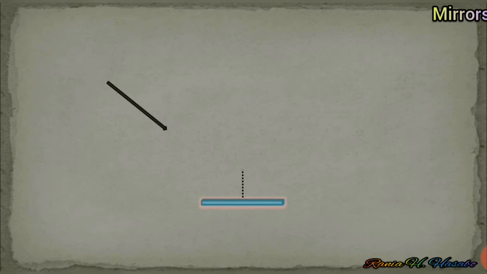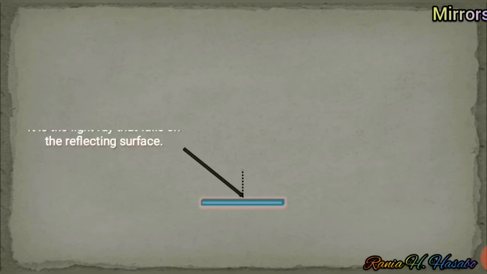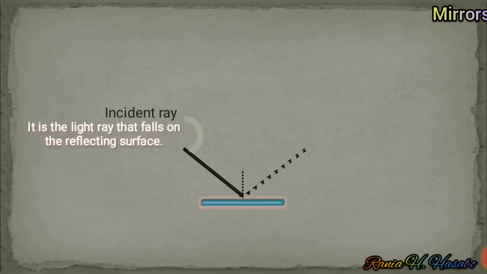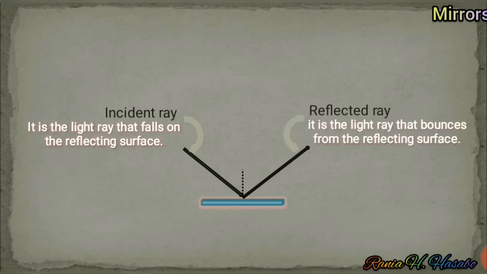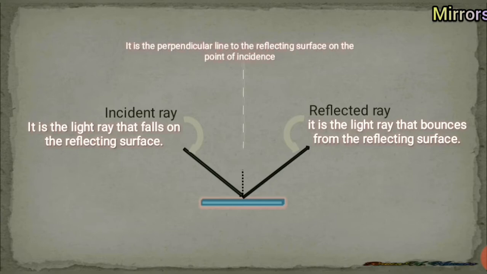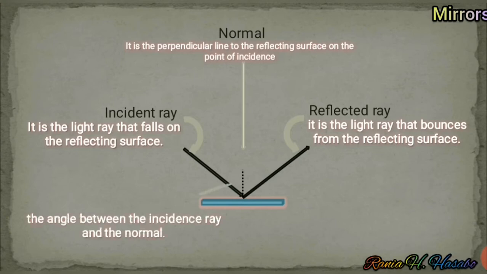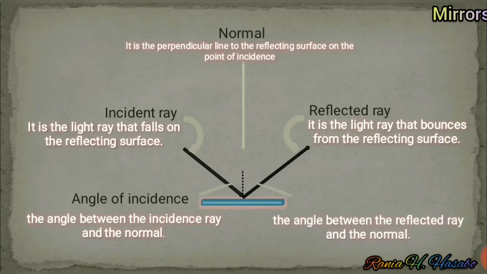The light ray which falls on the reflecting surface is called the incident light ray, while the one which bounces off or returns back from the reflecting surface is called the reflected ray, while the imaginary perpendicular line on the reflecting surface is called the normal. The angle between the normal and the incident light ray is called the angle of incidence, while the angle between the reflected ray and the normal is called the angle of reflection.